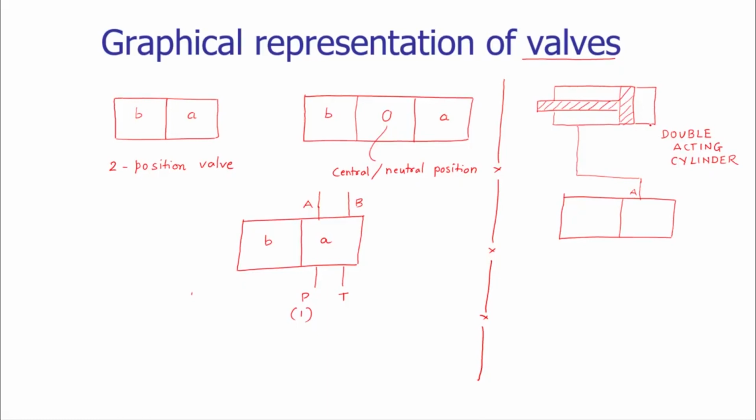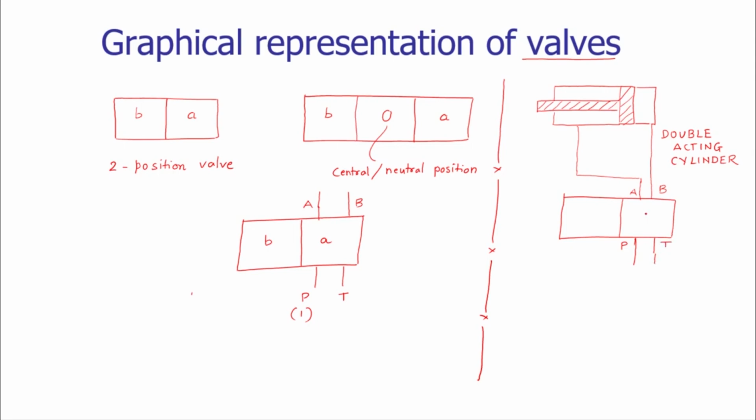For that purpose, we need another port, and this is port B. So port A is for application of the pressurized fluid at the rod side, and port B is to take the fluid back to the tank. To provide the pressurized fluid, we need a pressure port, that is P, and to take the fluid from the piston cylinder arrangement back to the tank, we need a port T.